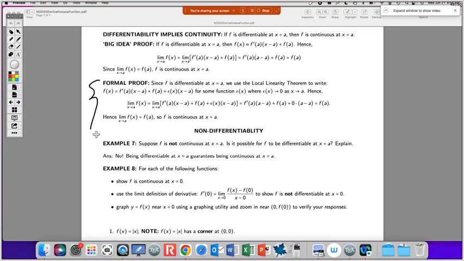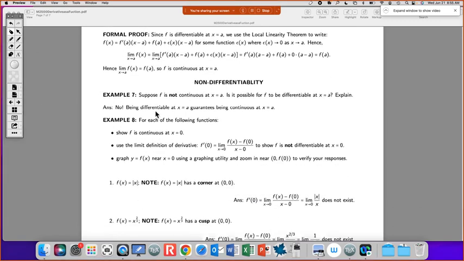Now, the formal proof, the capital F formal proof, once again pulls out this epsilon again. And you can see what it does there. So we have an if-then statement.